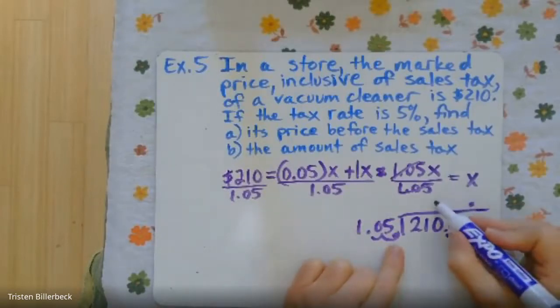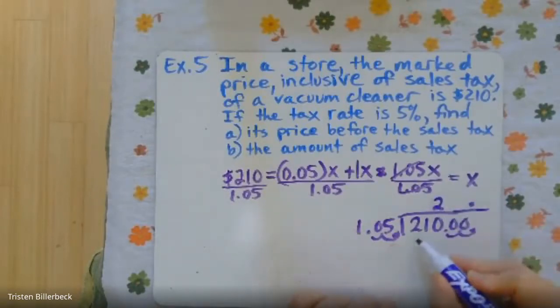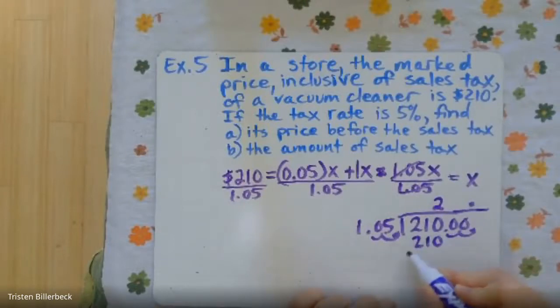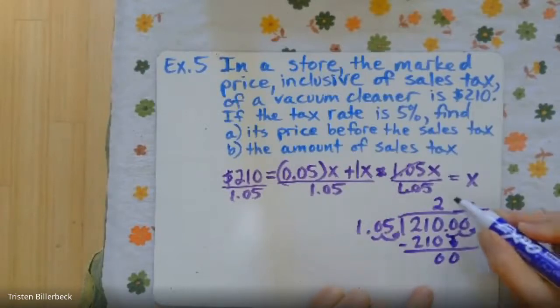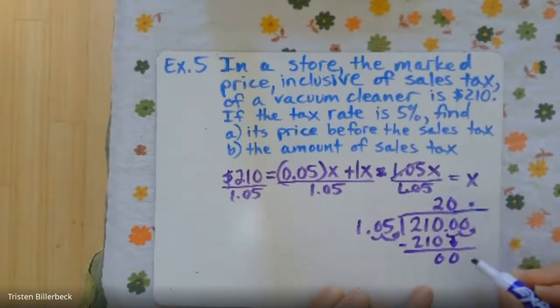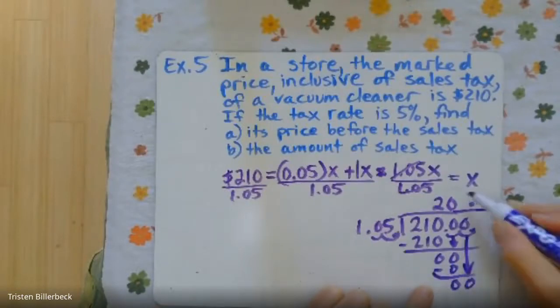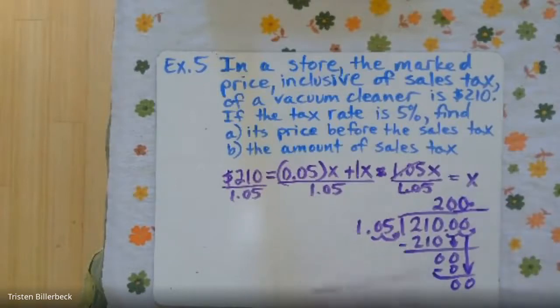So how many hundreds are in here? 2. So that's 210. And that, when we subtract, is 0. We drop the 0 down. Well, there's 0, 105s in that. Subtract, drop another 0 down, and there is 0 here.